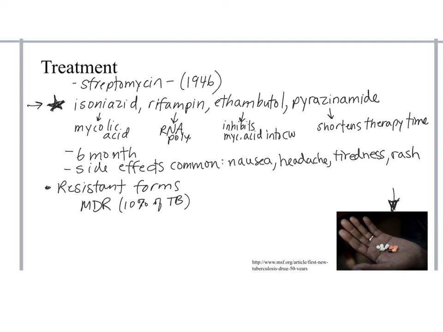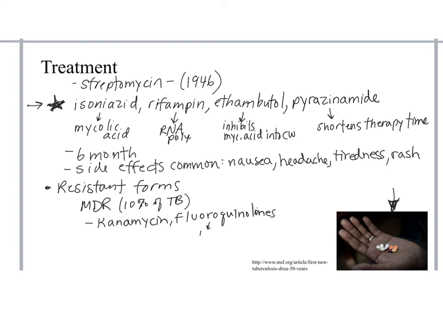But if your strain of TB is multiple drug resistant, then they try a second line of antibiotics, kanamycin, which is another aminoglycoside, and some of the fluoroquinolones, quinolones, I should say.